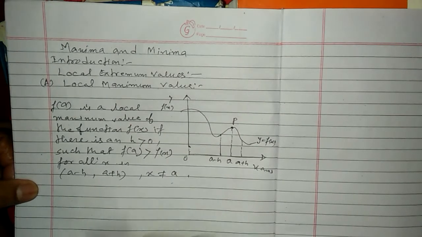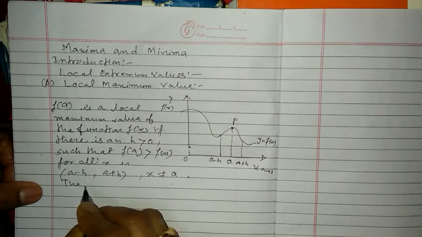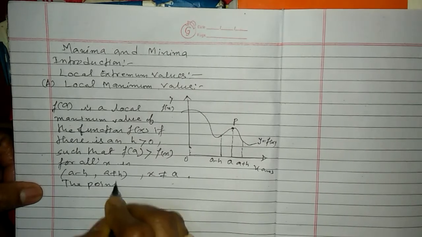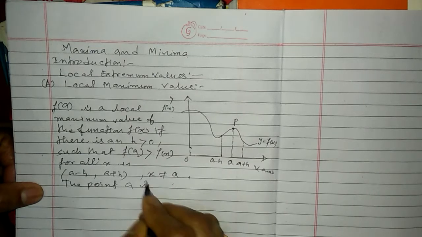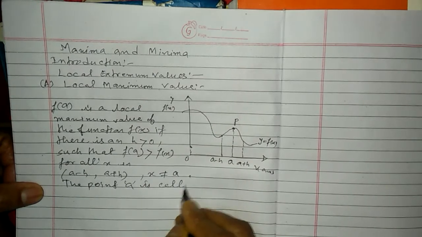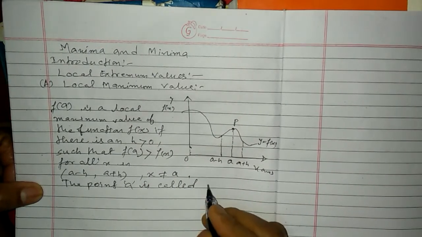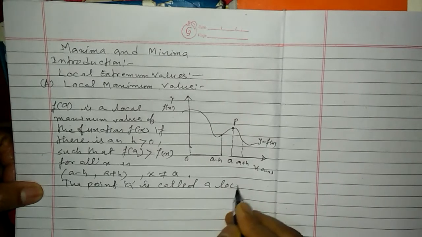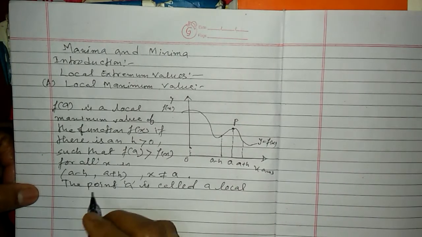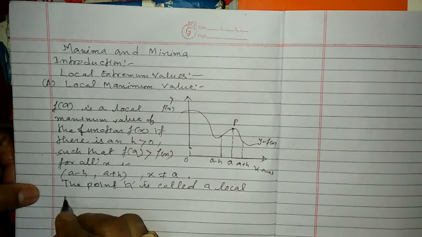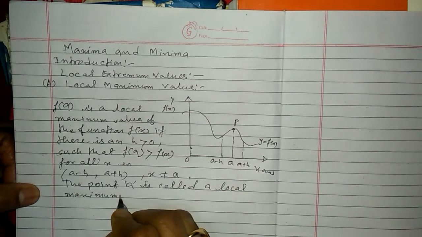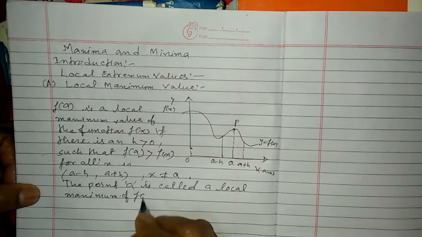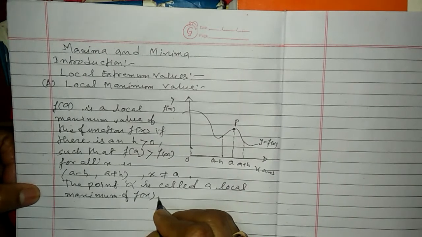The point a is thus called a local maximum of f of x.